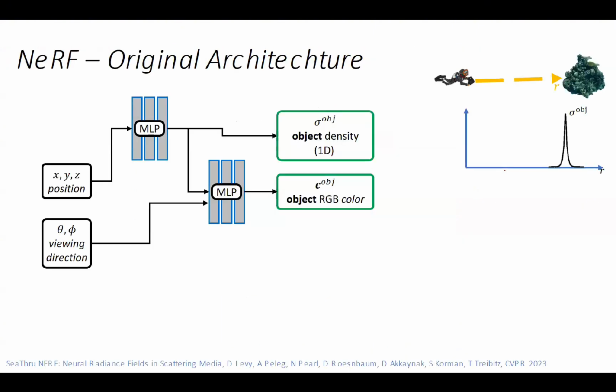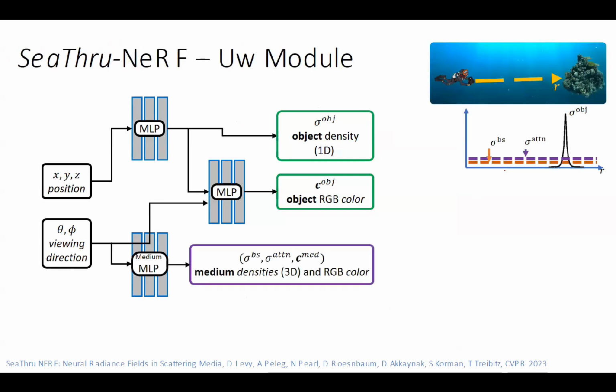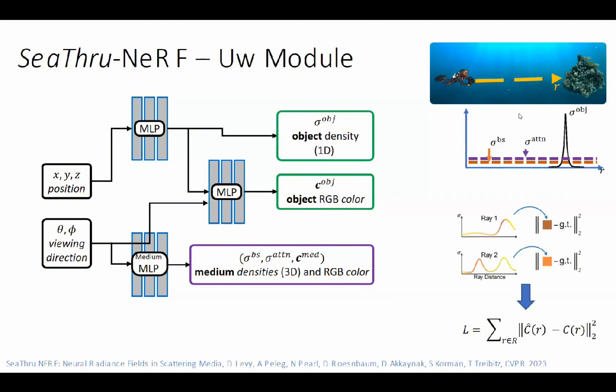If this was the original network that predicted only density and color for the objects, we added this new component that predicts the color and densities for the medium as well. And through connections to the image formation model, we were able to also change the rendering equation and get correct rendering of a scene, including the water.